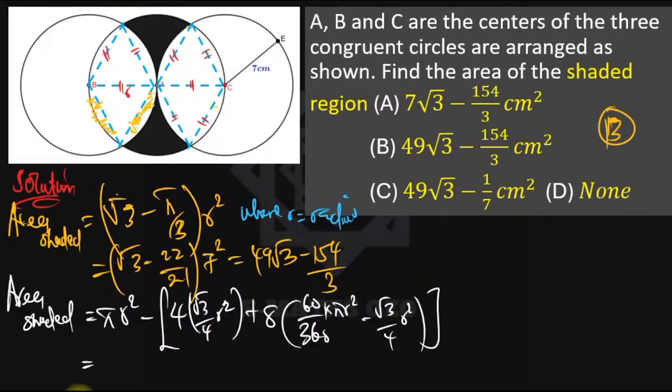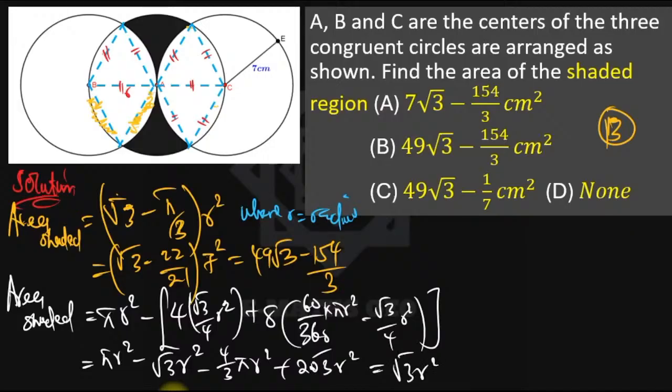This is now equal to pi r squared minus root 3 r squared minus 4 over 3 pi r squared plus 2 root 3 r squared. 2 root 3 r squared minus root 3 r squared is root 3 r squared, and pi r squared minus 4 over 3 pi r squared is minus 1 over 3 pi r squared.